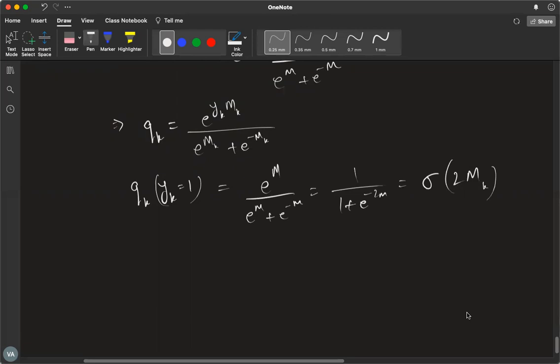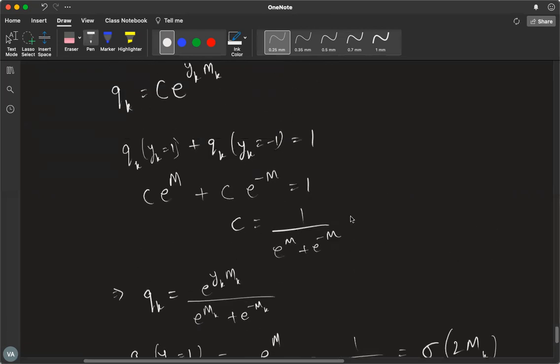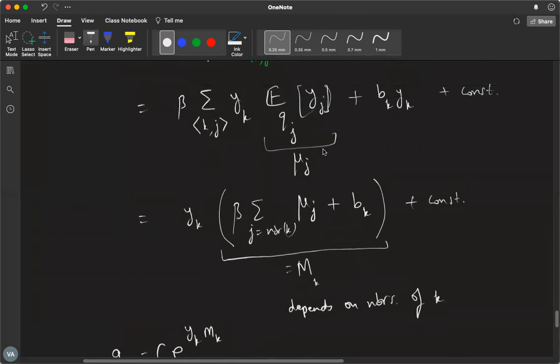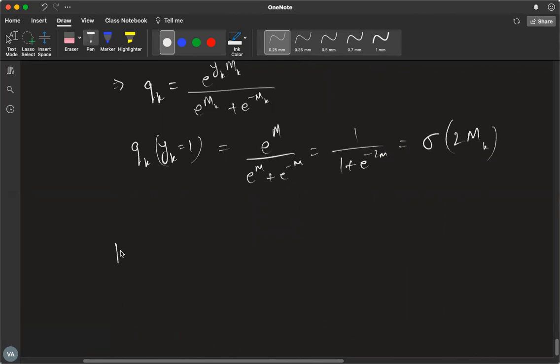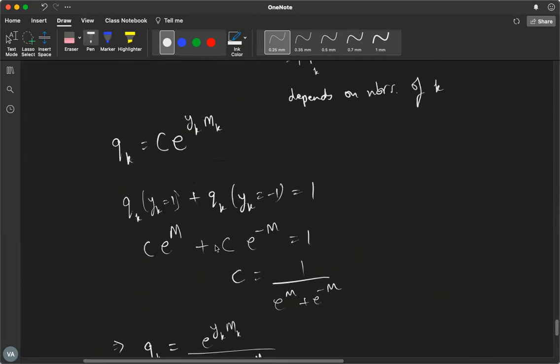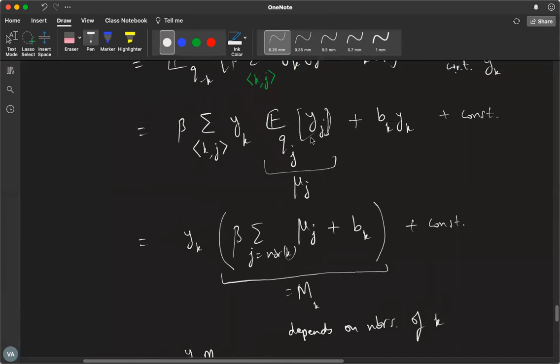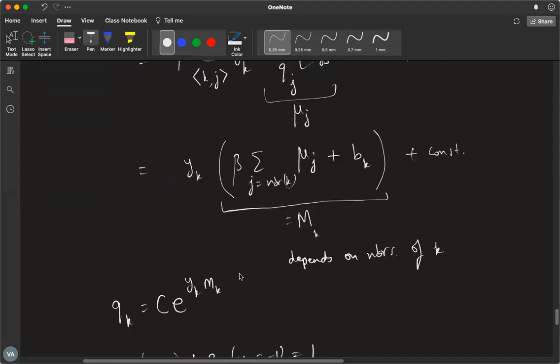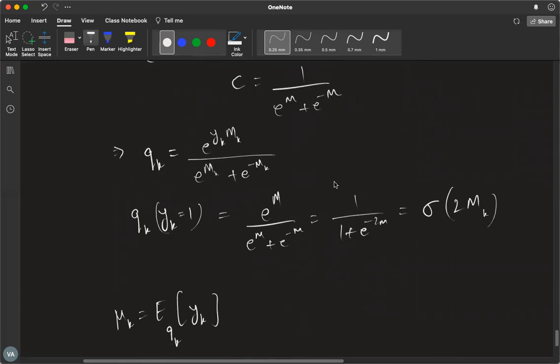Now we can also find out what the value of mu k is. My mu k is simply the expected value of yk under qk. Sorry, expected value of yk. Or j or k, anyways, it doesn't matter.